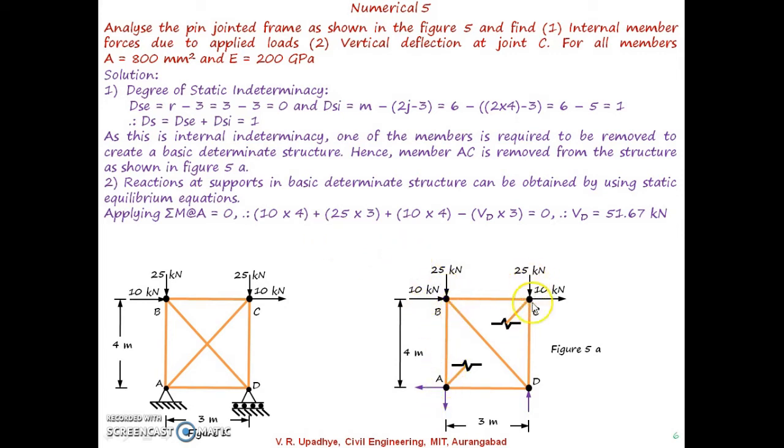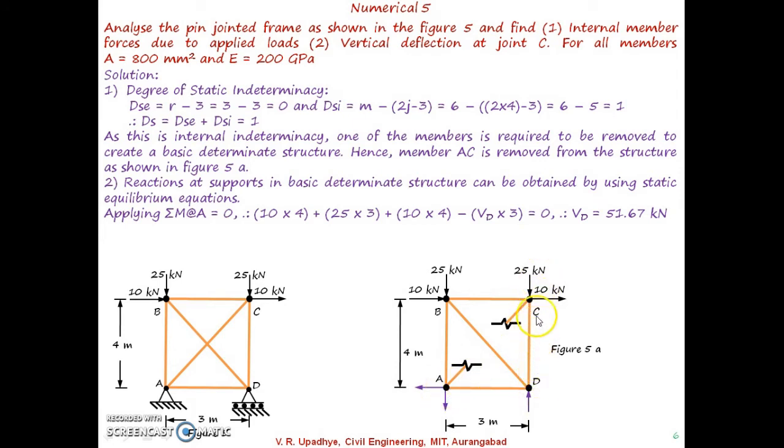Due to the 25 kilonewton vertically downward force acting at joint C, the moment about A will be 25 into 3 meter, that is the distance between that force and joint A. So that gives 25 into 3. And again the 10 kilonewton force applied at joint C, which is horizontal, gives a moment about support A of 10 into again 4, the perpendicular distance.